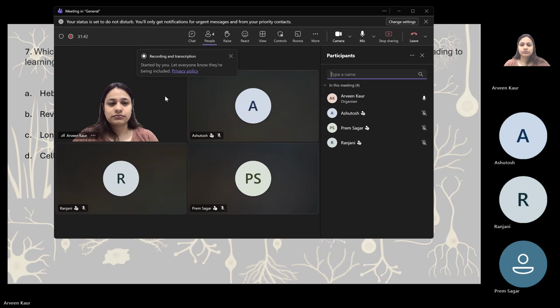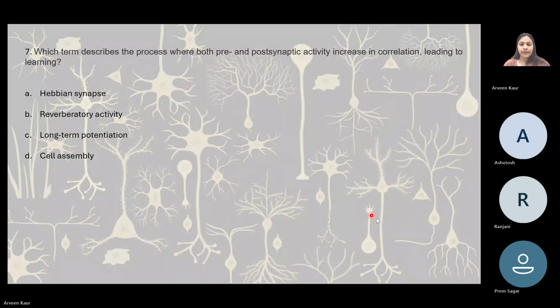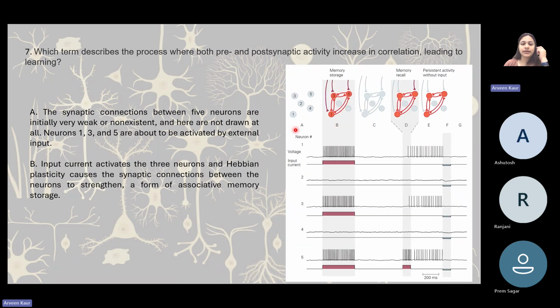Okay, I'll just reshare my screen. So the correct answer over here is Hebbian synapse. So what is Hebbian synapse?